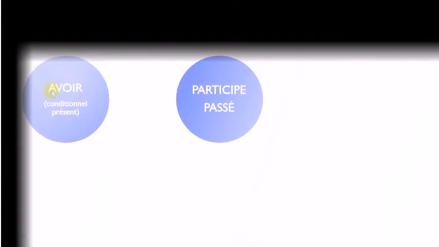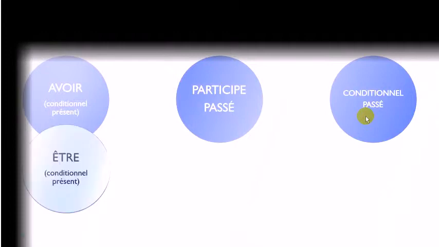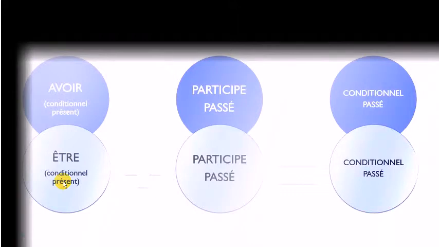Alright, so first avoir at the conditionnel présent form plus participe passé, past participle, then you will get your conditionnel passé form. Okay? But we saw as well that in some cases we'll use être, but then same thing, it should be at the conditionnel présent form, plus participe passé, so it doesn't change, and it will give you conditionnel passé.